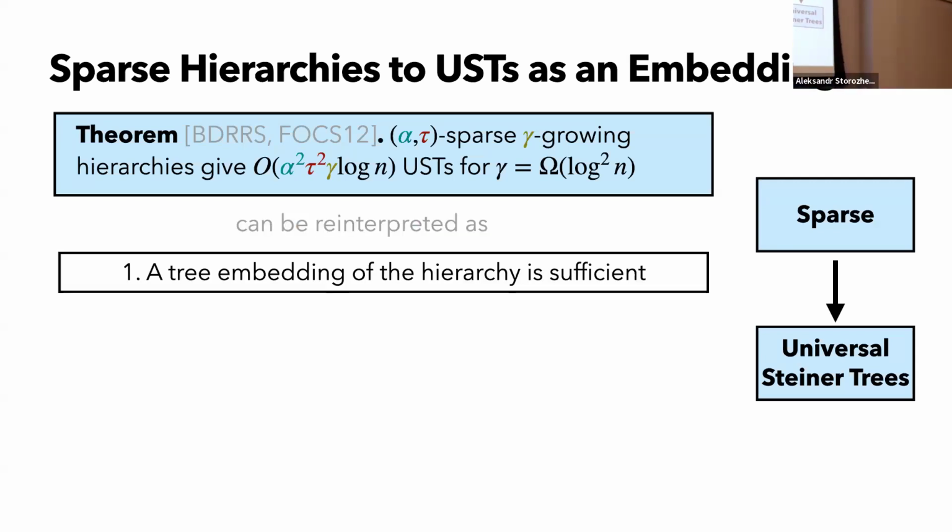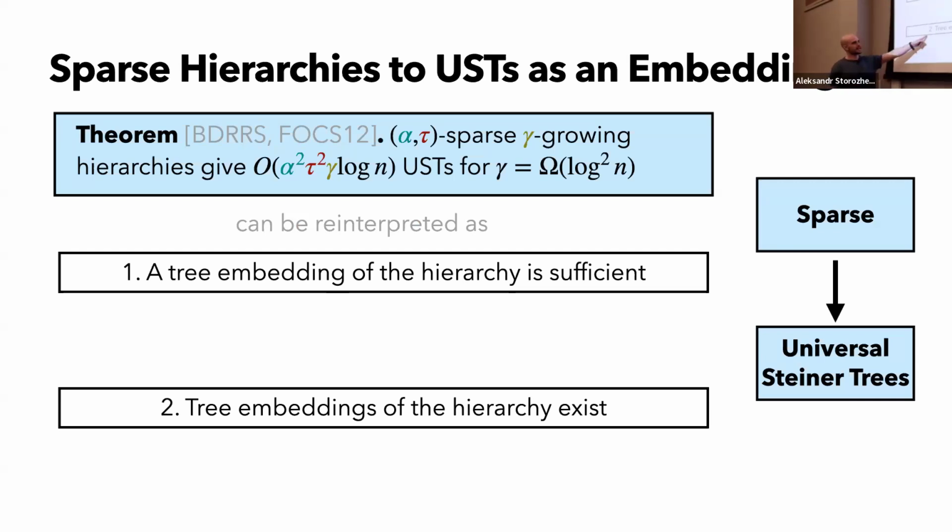One says a tree embedding of a sparse partition hierarchy is sufficient for a universal Steiner tree, and a second says tree embeddings of sparse partition hierarchies exist. You put these two things together, and you can go from a hierarchy to a universal Steiner tree, in particular a sparse hierarchy to a universal Steiner tree.